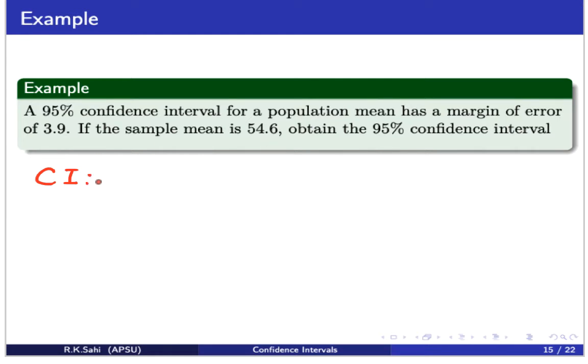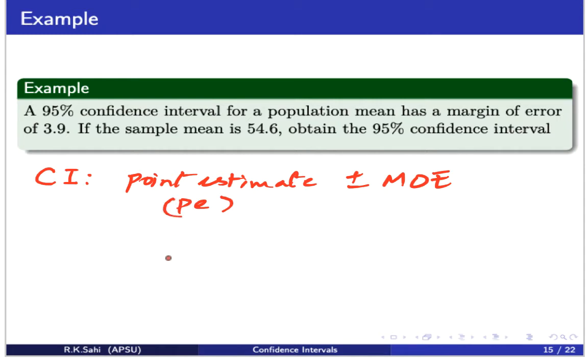So what is the confidence interval? The point estimate plus minus the margin of error. I'm going to write MOE for margin of error, and for point estimate, guys, I'm going to write PE.